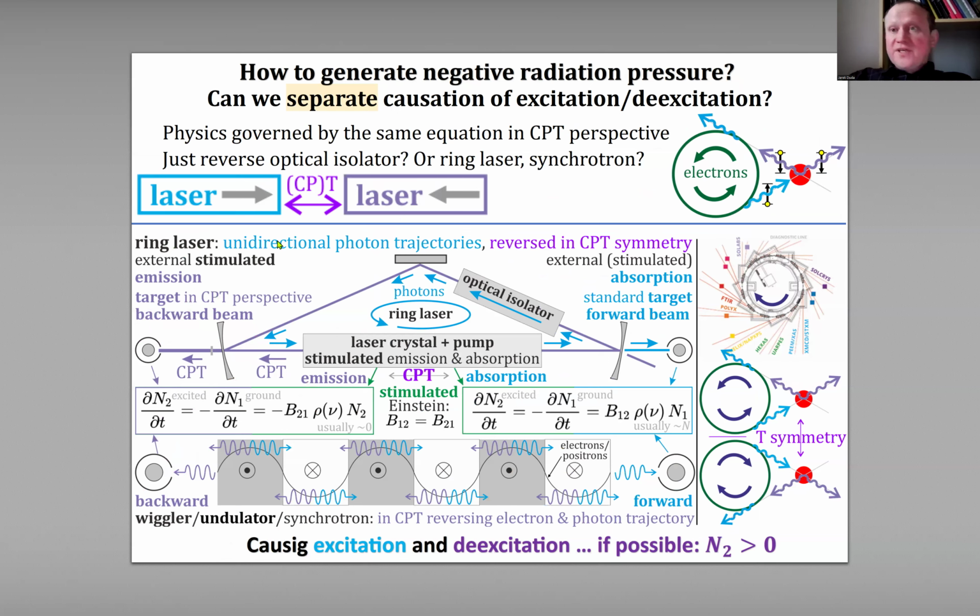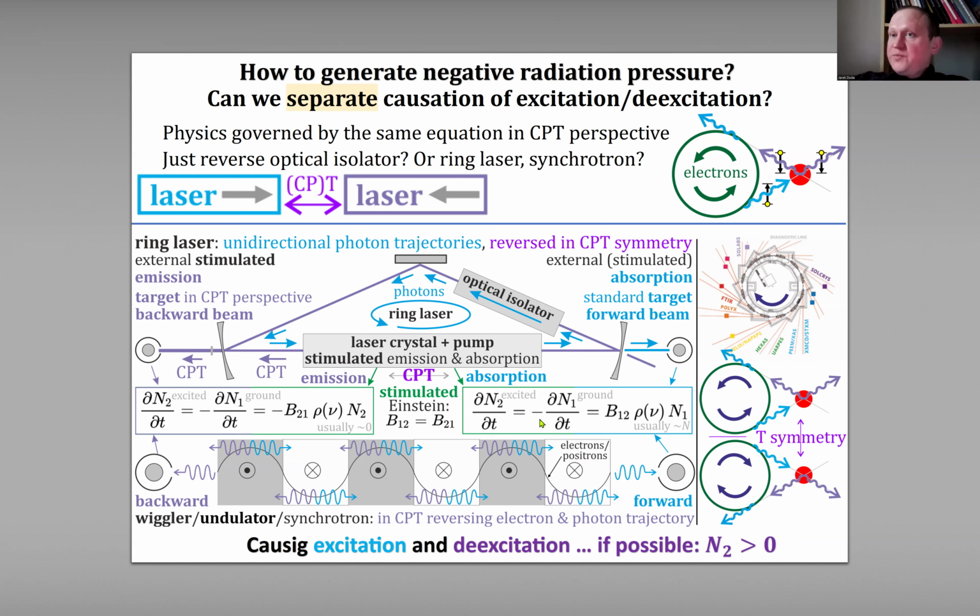More sophisticated is this ring laser, where we have enforced circulation of photons in one direction because of the optical isolator, which allows only photons in one direction. A standard ring laser would leave the photons going here, so it would excite this target with this equation. But from the CPT perspective, the photon circulation is reversed, so it should excite this target with this equation.